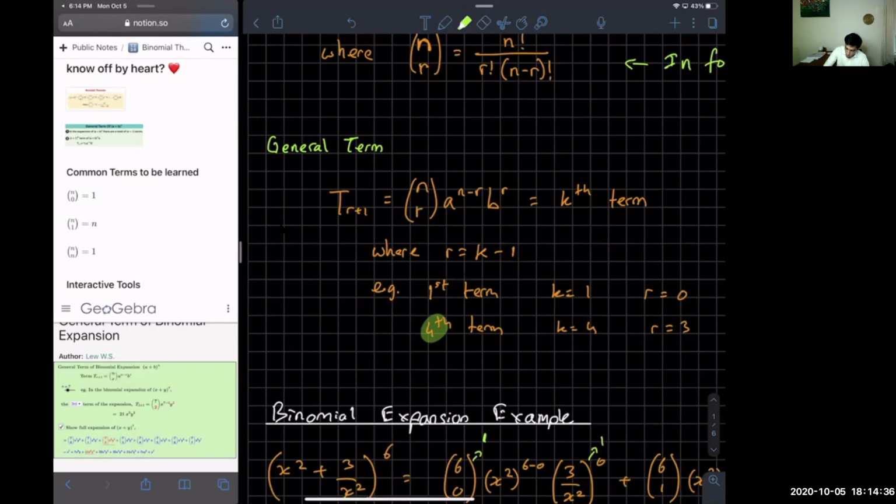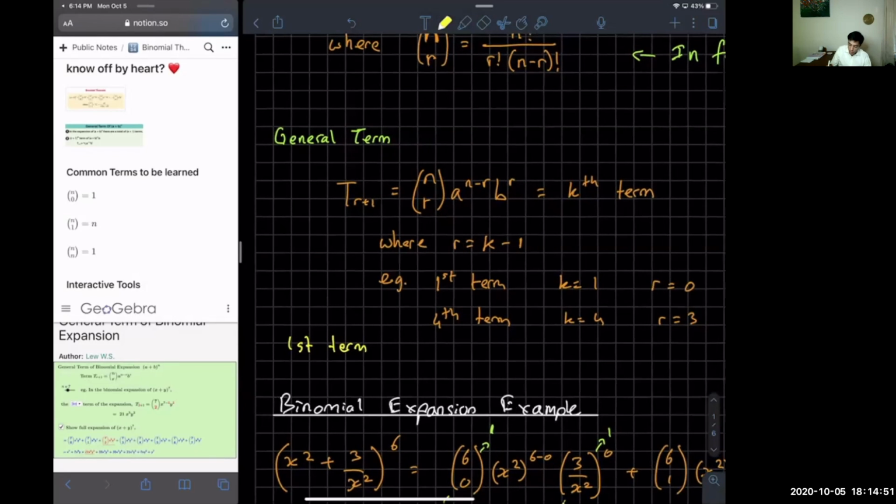And if you're wondering why they are doing this r plus 1 business, it's because if you look at this, the power in the 1st term is, wait, hold on, what is it?